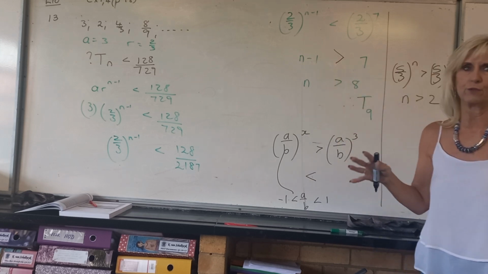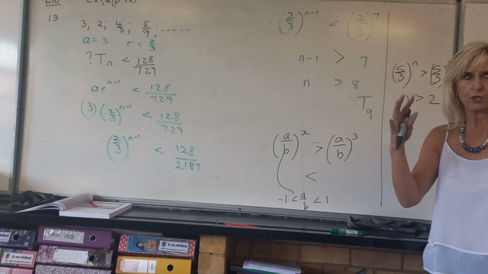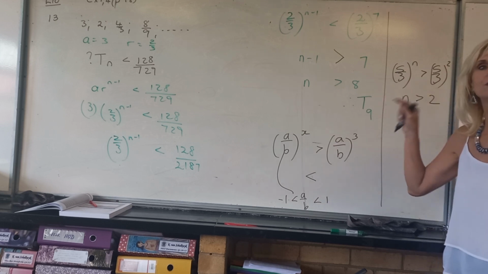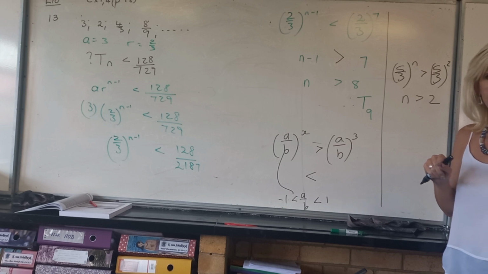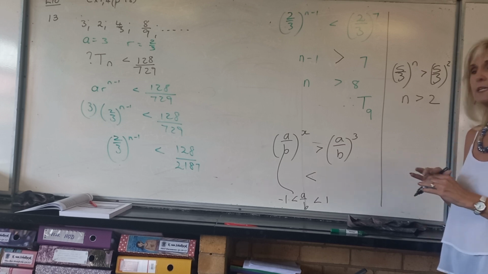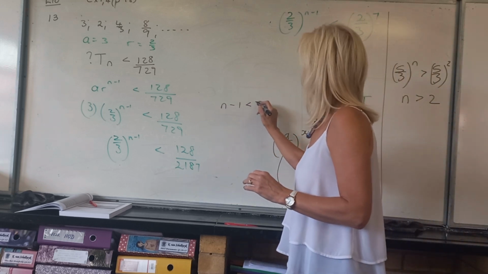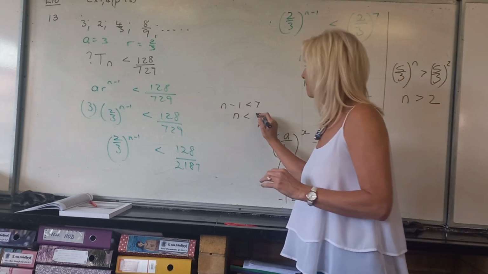Now that's a mouthful. That's a headful of knowledge. If you forget about this and you can just remember to go test it, you should be fine. Now think about it. The guy that didn't know this would have said that n minus 1 was less than and n is less than.